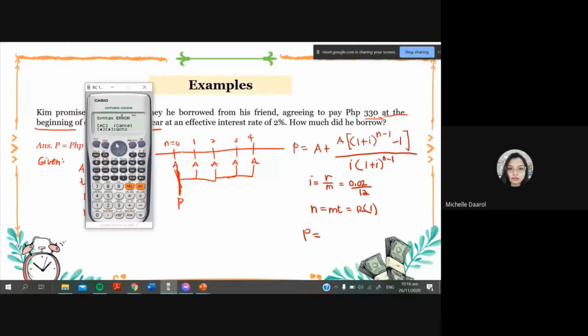Oops, syntax error. 6,619 po, ma'am. Ha? 6,619.